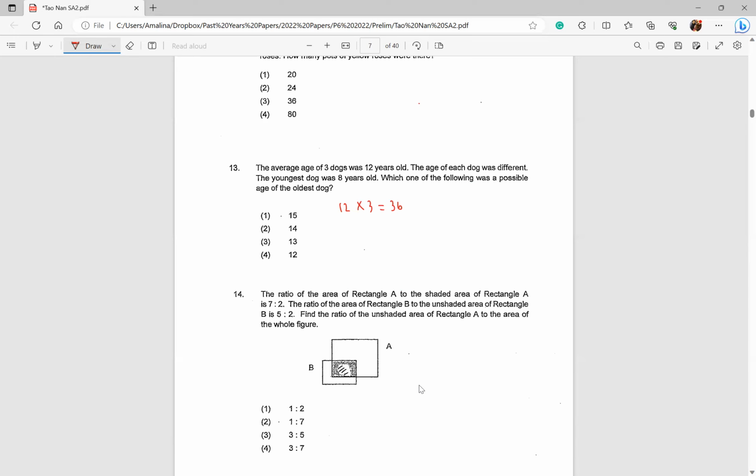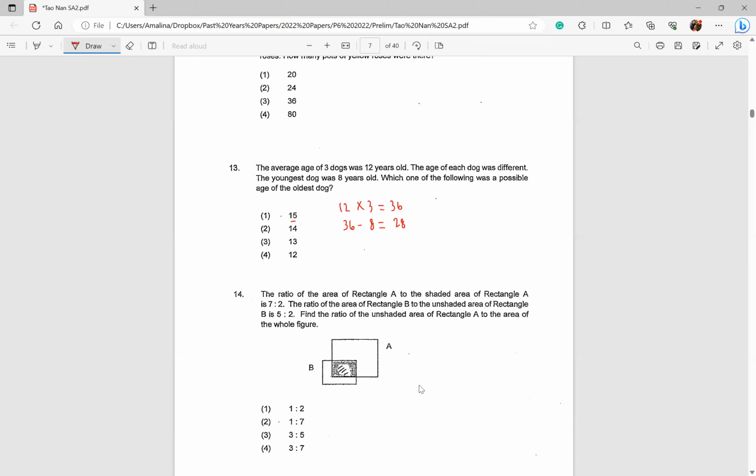Now, minus off the youngest dog. Okay, so I minus off 8. I get 36 minus 8, you get 28. So 28 is the total age for the other 2 dogs. Okay, so let's look at the options. So if I look at the first option, 15.